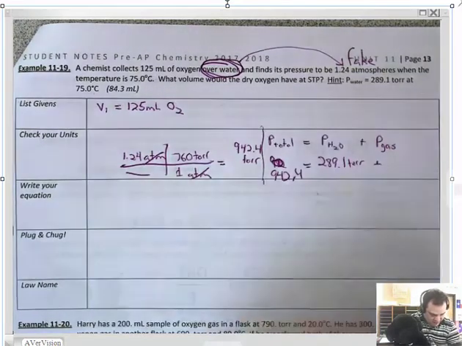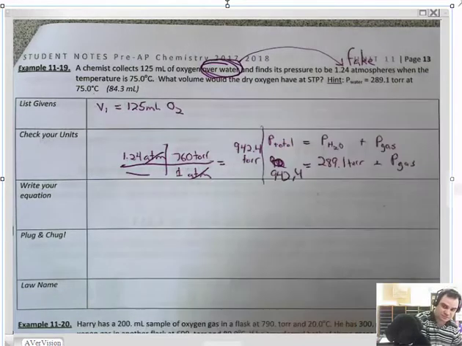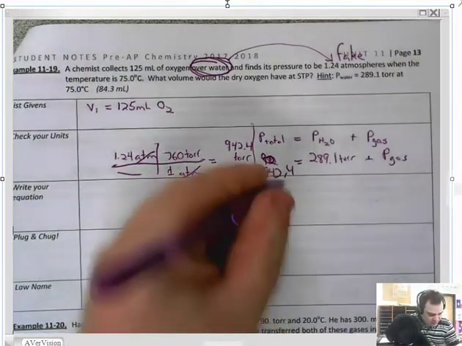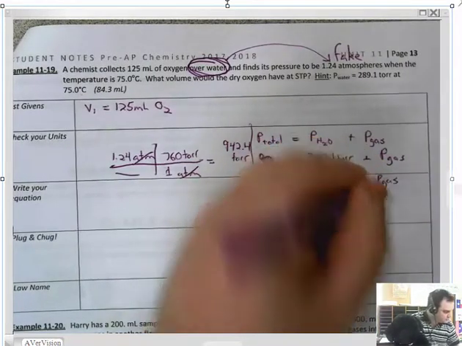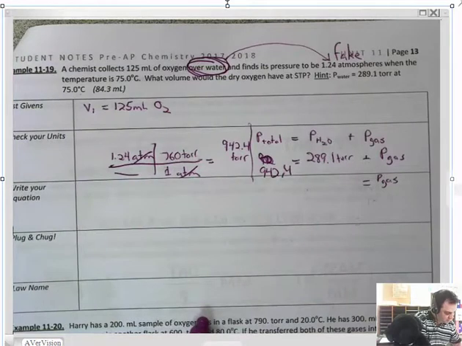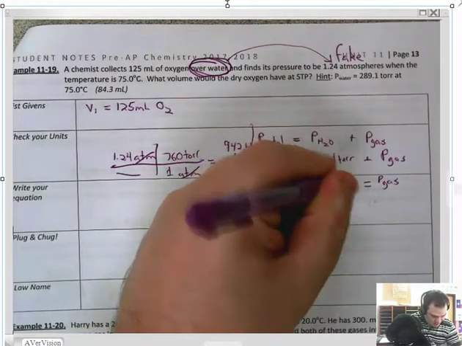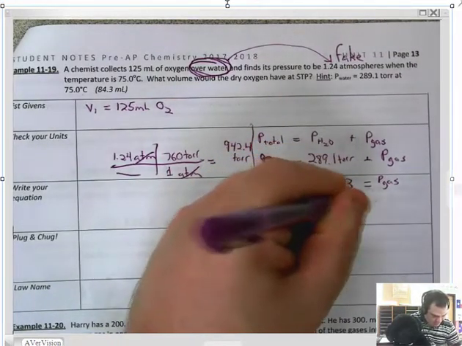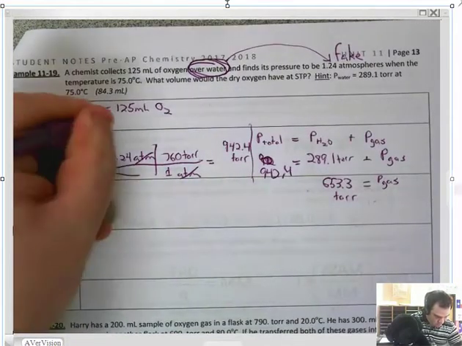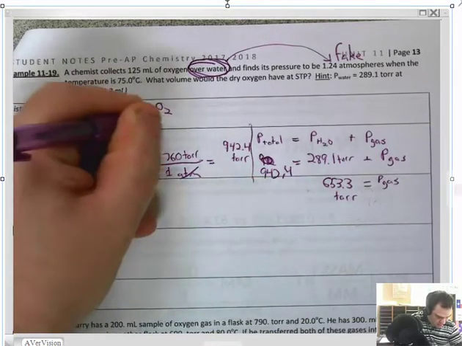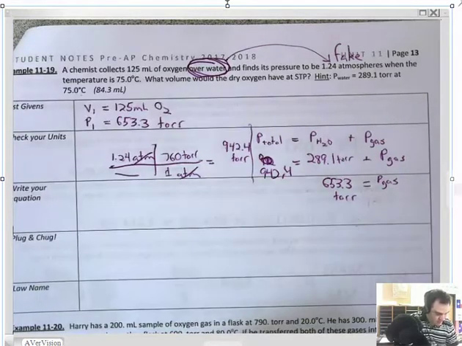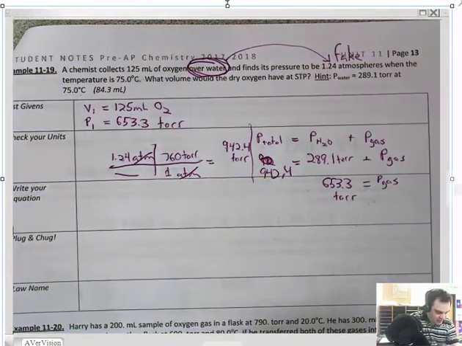Then you subtract and figure out the pressure of the gas: 942.4 minus 289.1 is 653.3 torr. That's going to be my P1, 653.3 torr, and it is collected at 75 degrees Celsius.